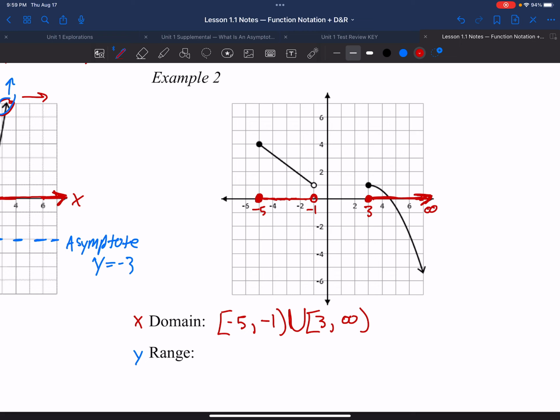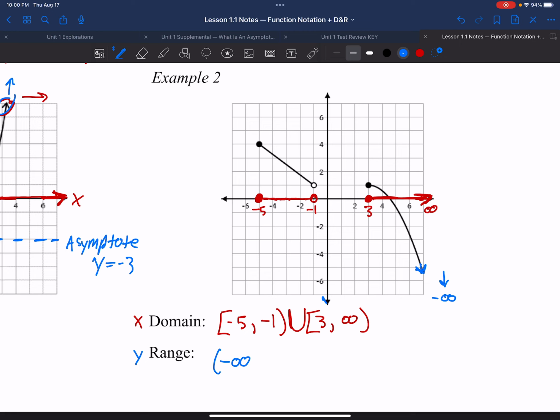All right? Now I look at the y values. At the bottom here, this arrow implies it goes down to -infinity. It's going to go down and down, all the way to -infinity. It's unbounded below. So the lower bound we call -infinity. Now let's trace this.